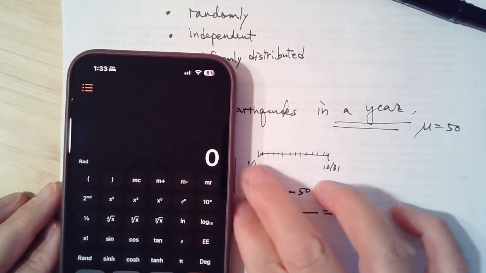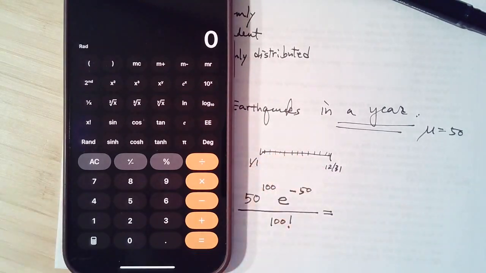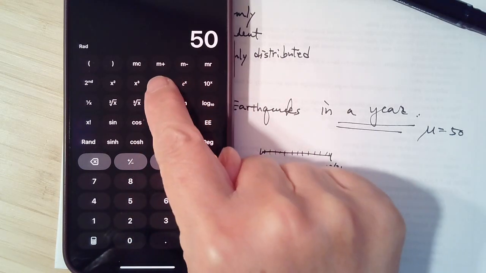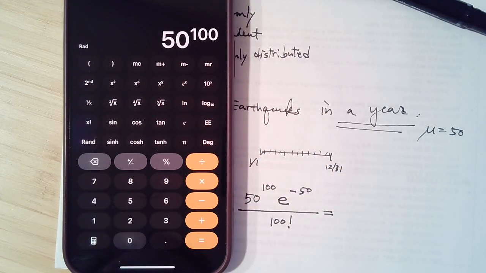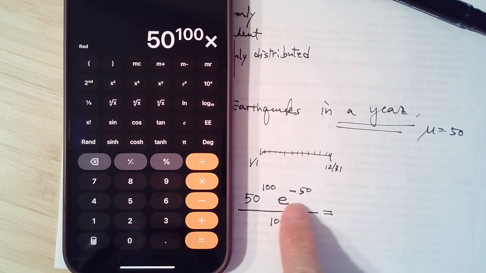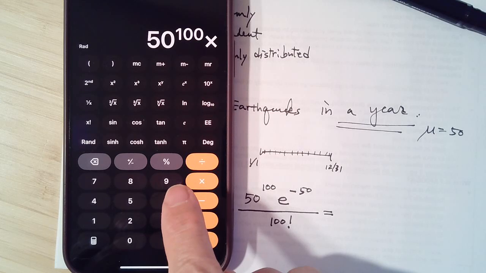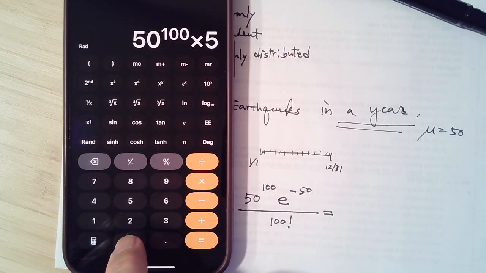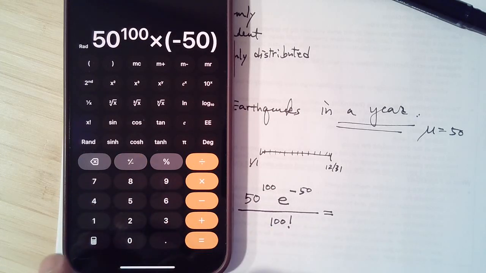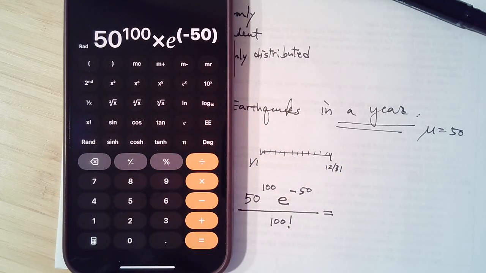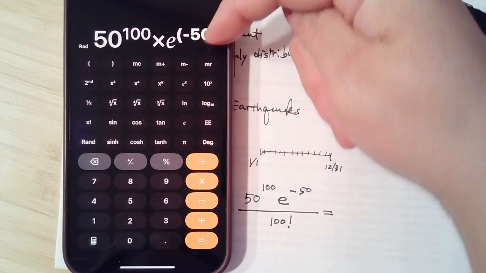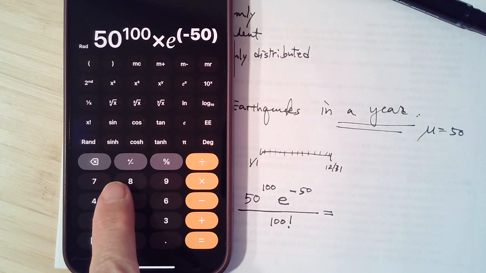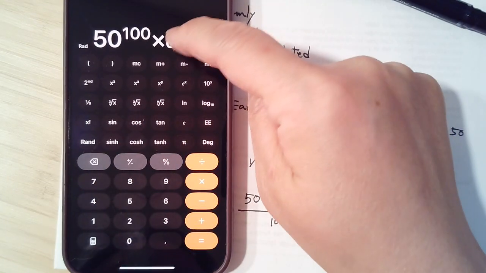So 50 to the power of 100, times e to the negative power. You do 50, then the plus-minus key to change it to negative 50, then click e to the x, and then divide by 100 factorial.